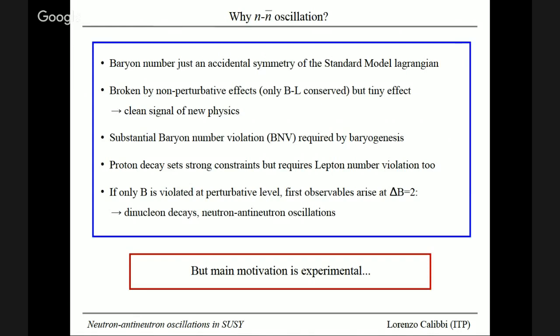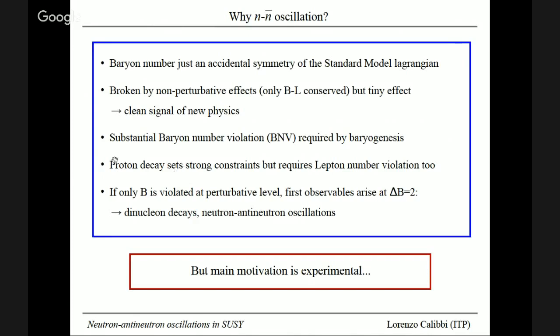The first process that we can think of as a baryon number violating process is, of course, proton decay. As we know, this has been searched for since many years, and present constraints are already very stringent on the lifetime of the proton.